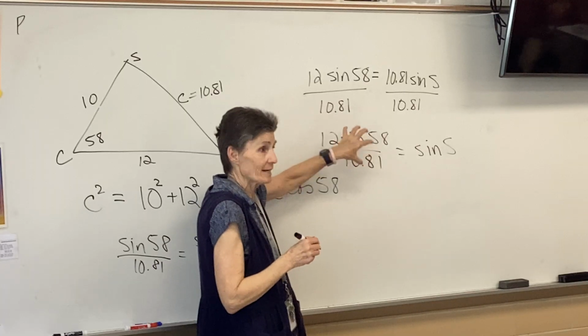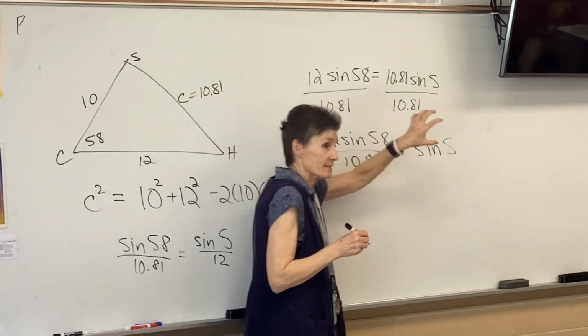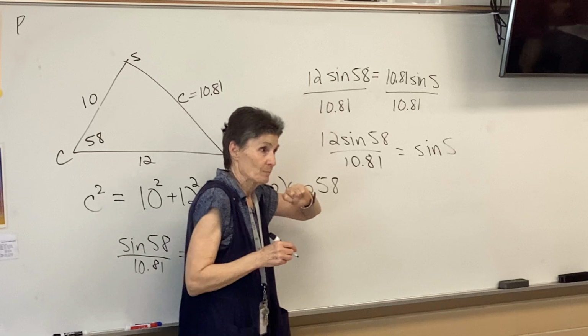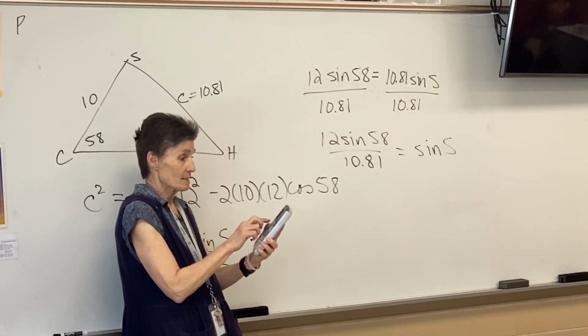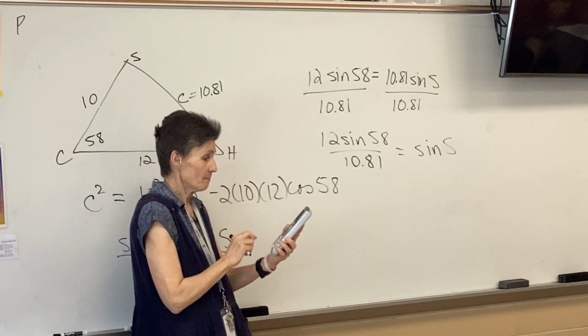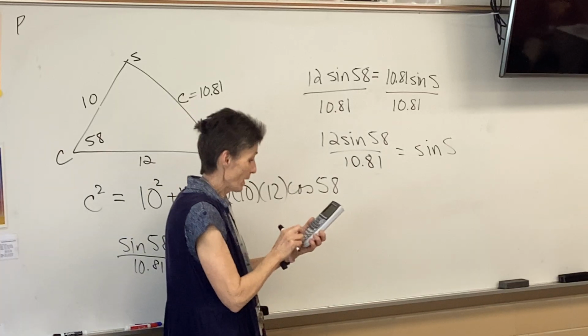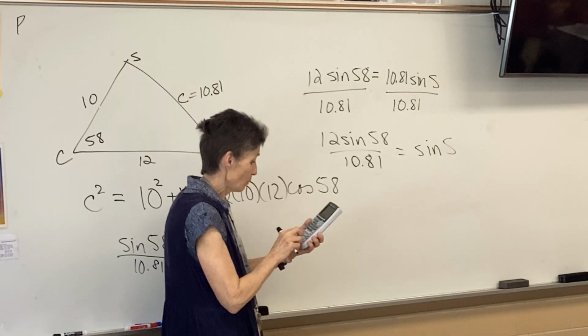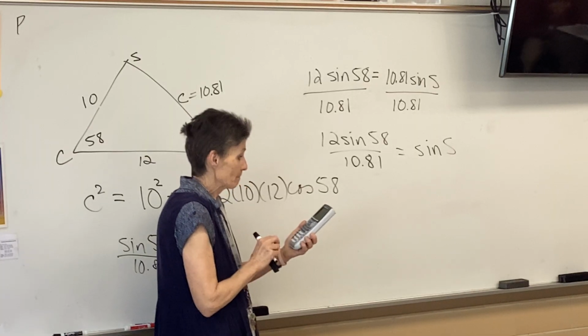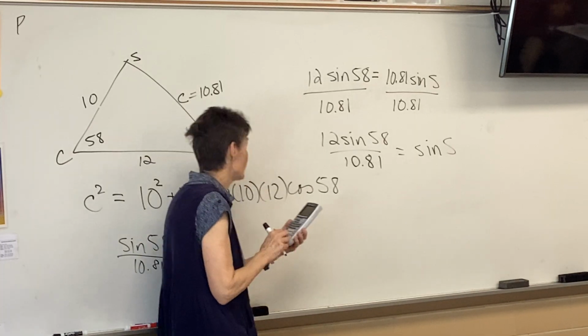That is not S. That is sine S. So in order to get S, you're going to have to do what? Second sine of 12 sine 58 divided by 10.81. I got 70.29.